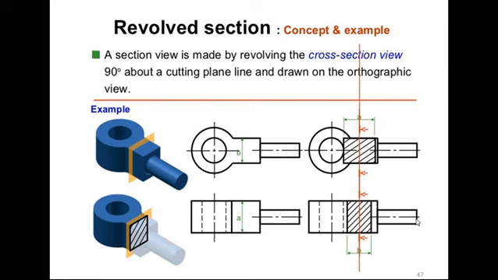So by taking a revolved section, we can understand how it looks from inside. This is very important. Only in one view, either a front view or a top view, we are able to show this revolved section, and we can understand how it looks inside.